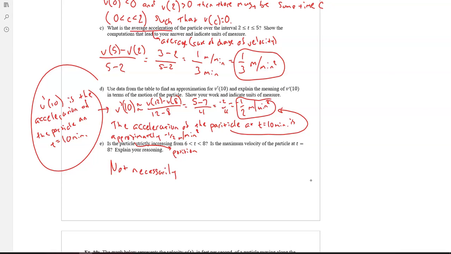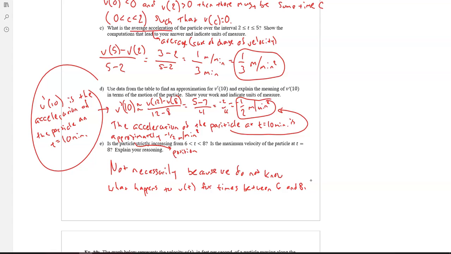And just like Basil said, because we do not know what happens to v of t for t values for times between 6 and 8.